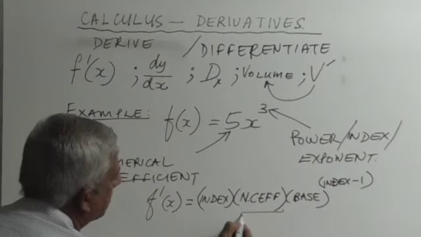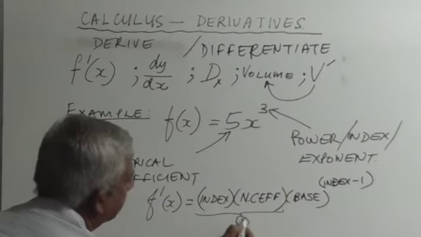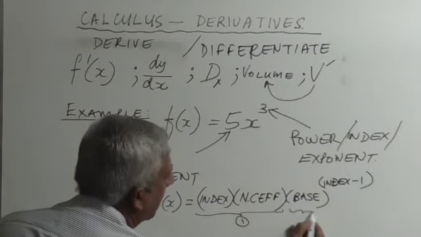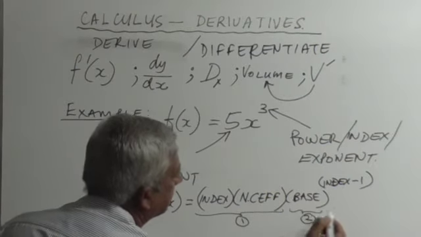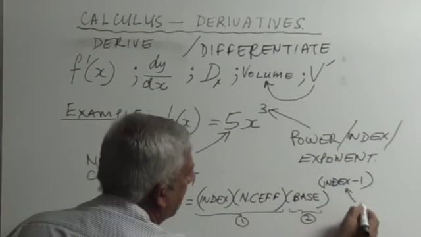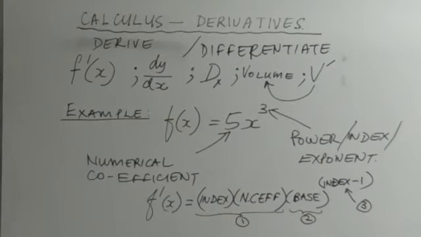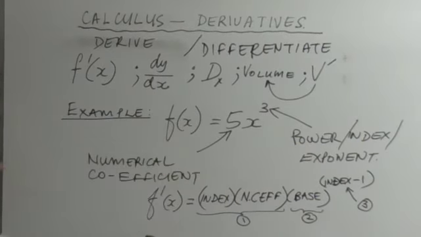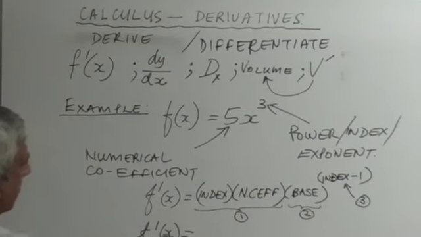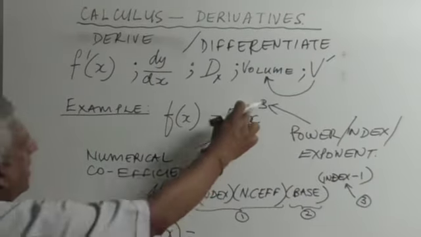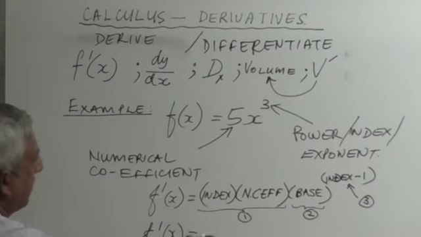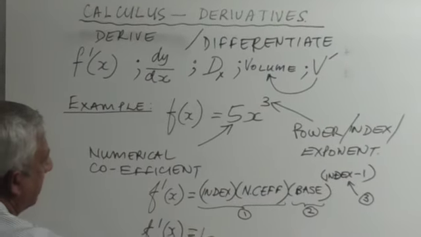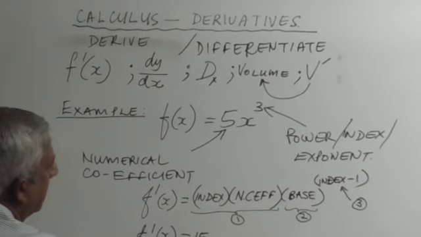That will become step 1, that will become step 2, and that will become step 3. So if we do that, if we take this example here, that is the question, then f prime x is equal to index times numerical coefficient. 3 times 5 will give you 15.